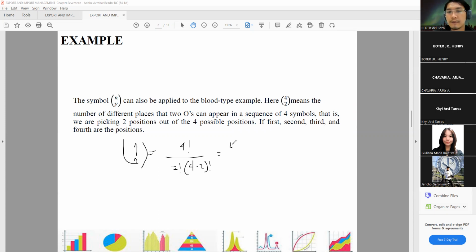So, that is 4 times 3 times 2 times 1 over 2 times 1 multiplied by 2 times 1. So that is 4 times 3 over 2, which is 6. Okay?